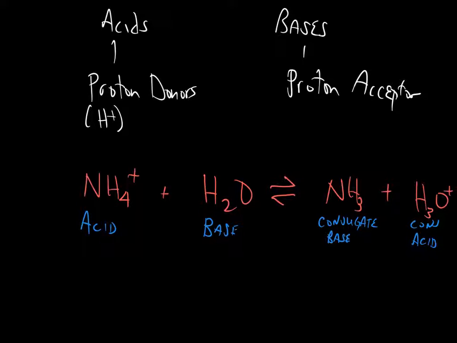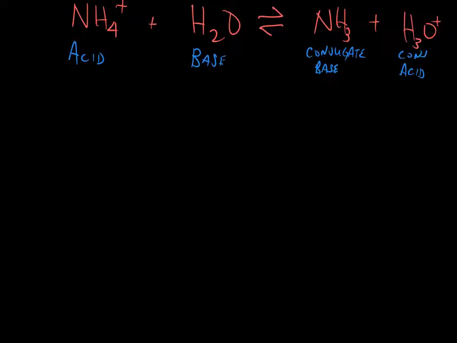For the base, do you need to put, is OH negative for the base? Pardon? OH negative. That's another example of a base. So, for example, we could say, let me move these up.